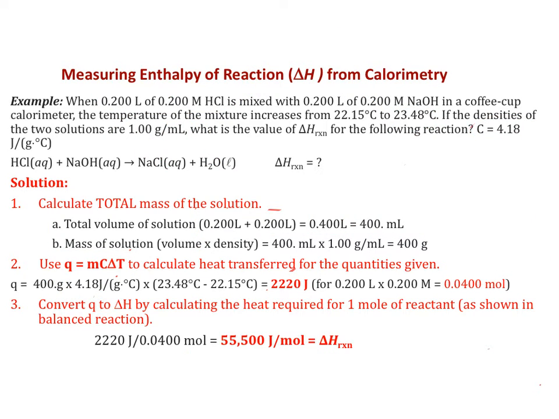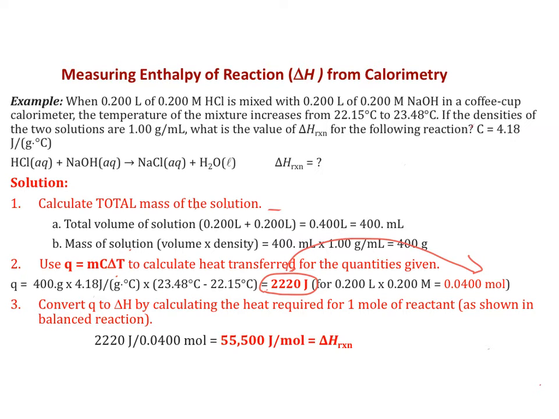Now, what I'm getting ready to say right now may be a bit confusing, so if you're spacing out on me, tune in for a minute, okay? The quantity of heat that is released by this reaction is 2,220 joules, okay? And again, that's for the quantity that was in the calorimeter, which is 0.04 moles of each of them, actually.